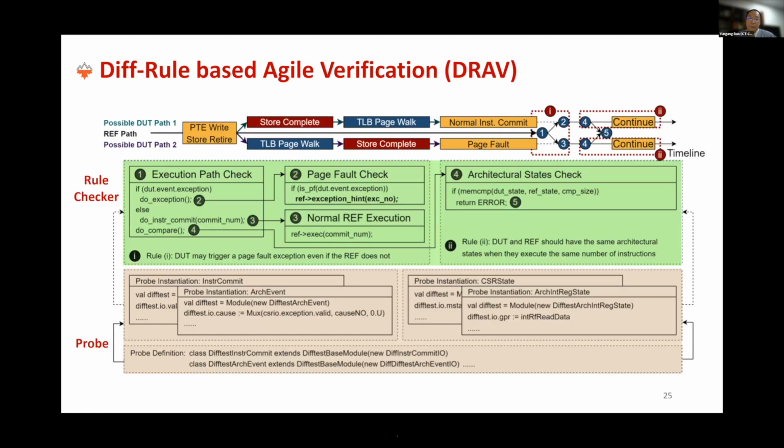Here is the framework of the differential rule-based agile verification. We have a probe which is inserted into the design code, and then we have the rule check, which is plugged on the reference model, and they can compare and check if the design follows the rules.